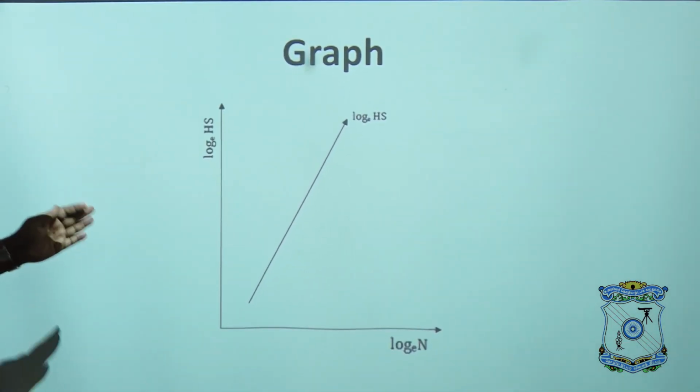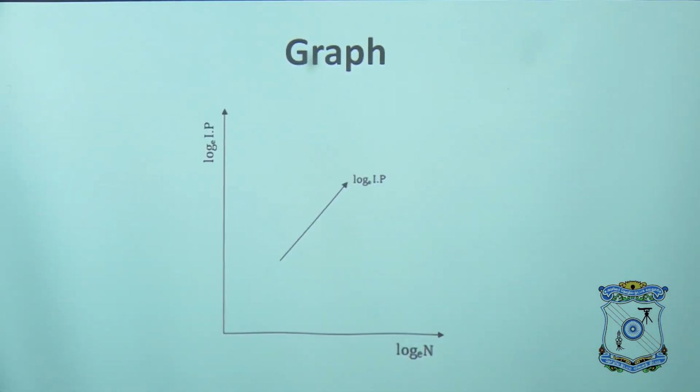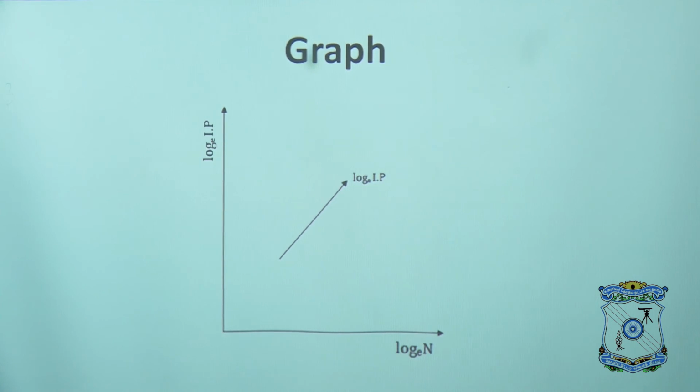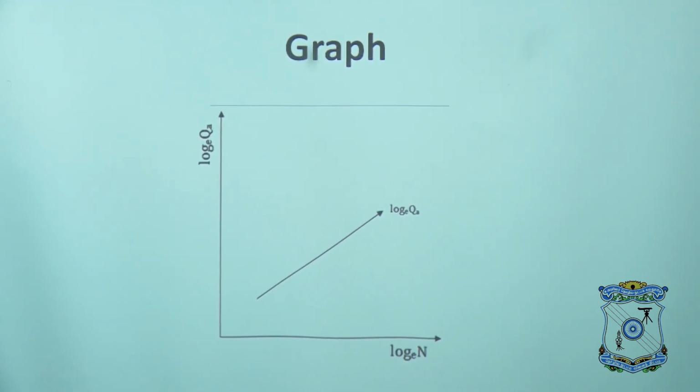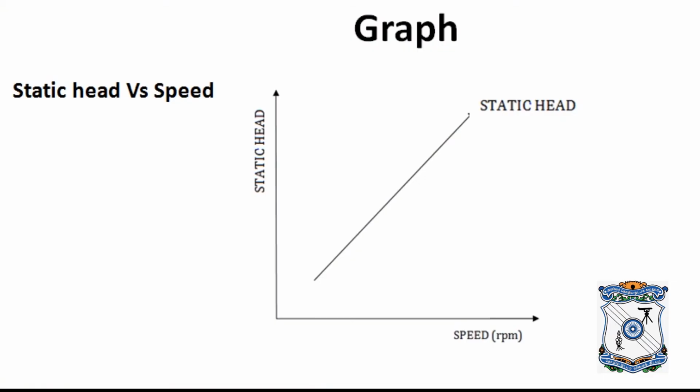You will get a straight line which is inclined upwards. These are the performance graphs. If you draw a graph between speed and static head, you will get a curve like this. Then speed versus actual discharge, you will get a curve like this.